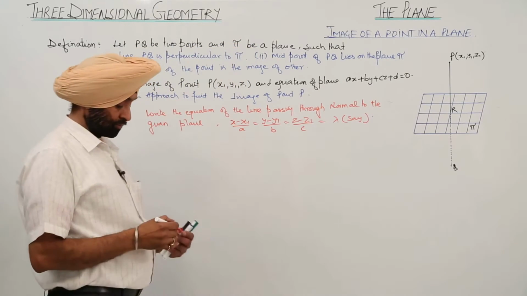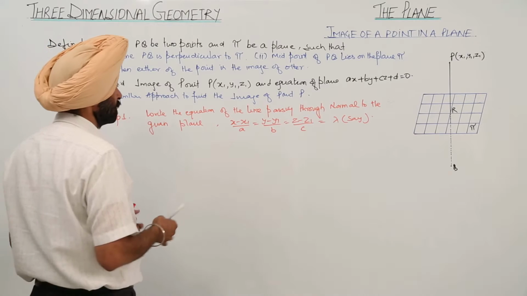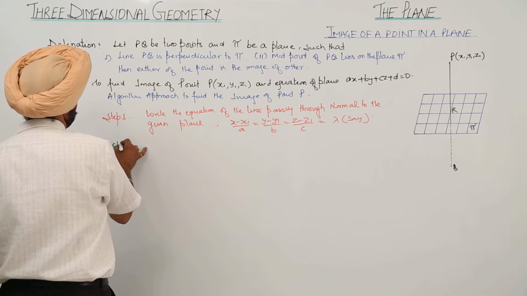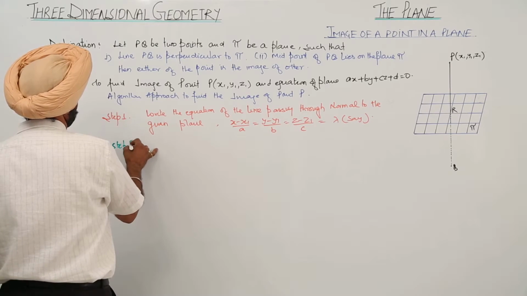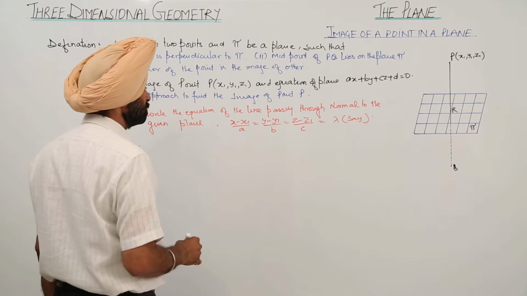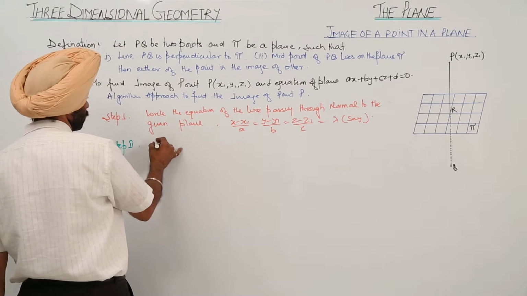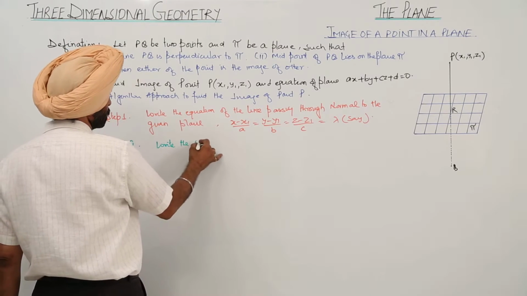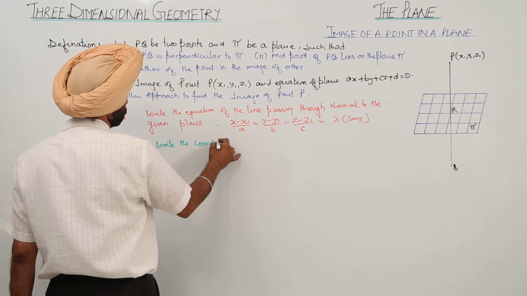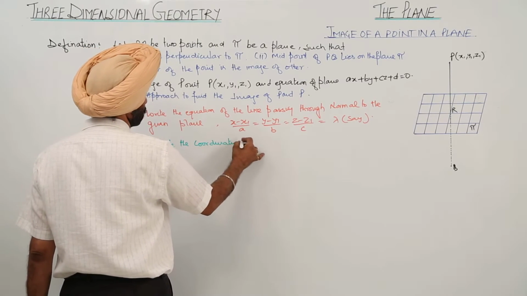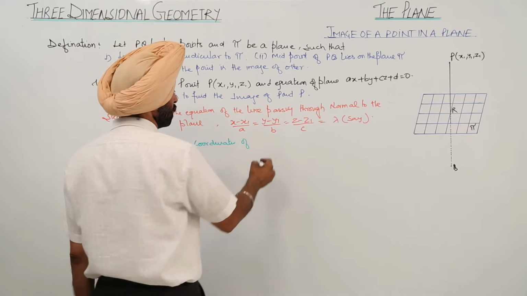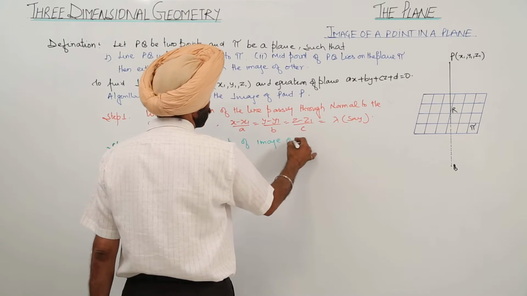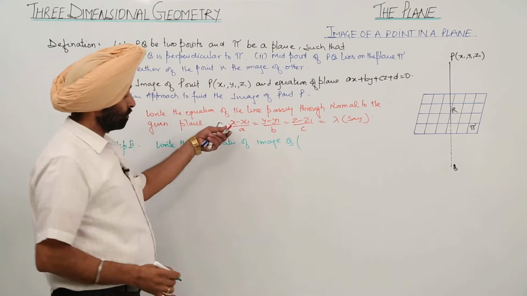First step. Second step, now step 2: write the coordinates of image Q, and the coordinates will be from this line.